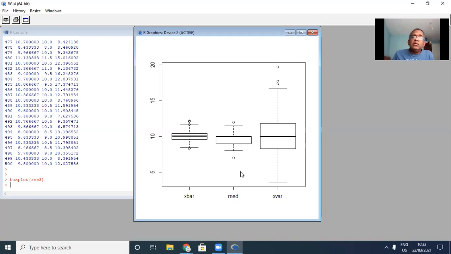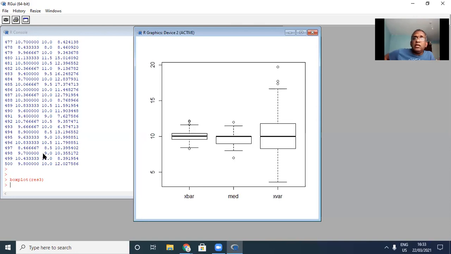The sample median looks pretty odd compared to the other two box plots, because the sample median can only take values that are integer or half integer. Remember, the sample median is defined as the middle value when you arrange the data from the smallest to the largest. The sample median can only take integer or half integer values.